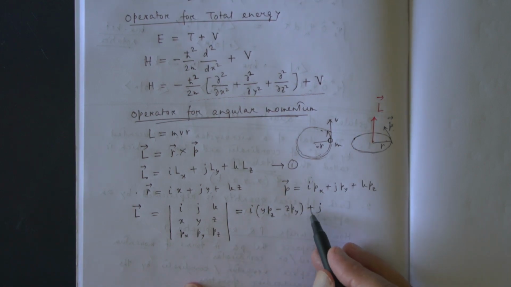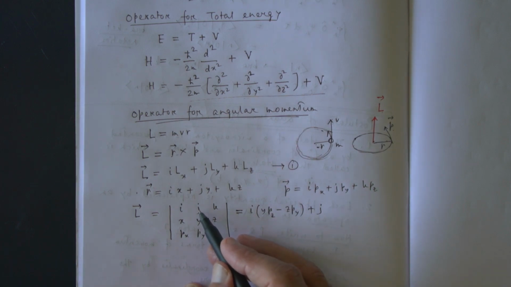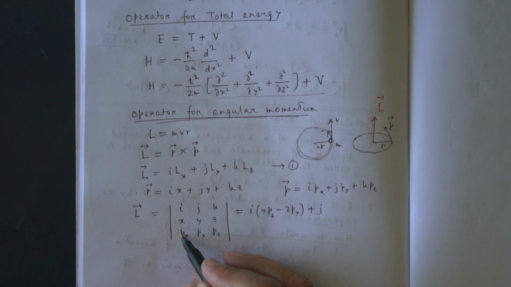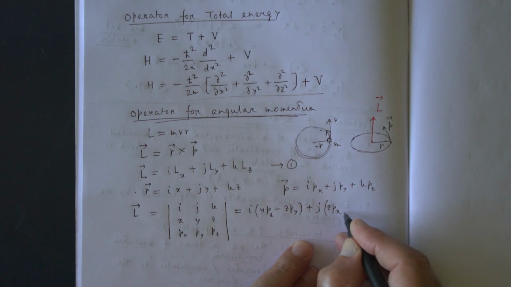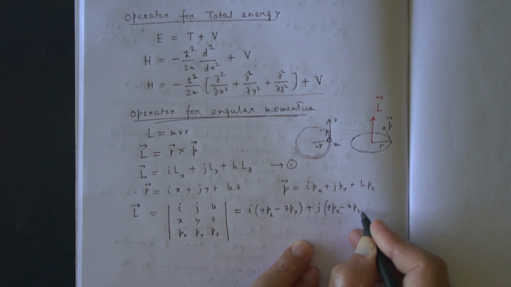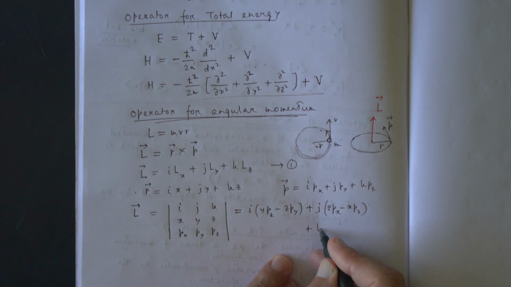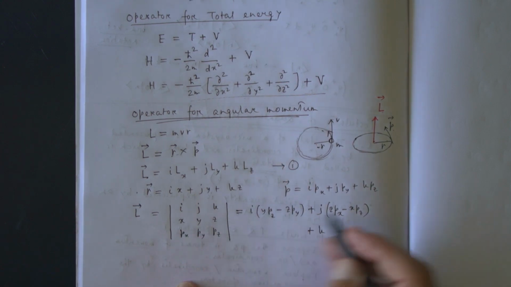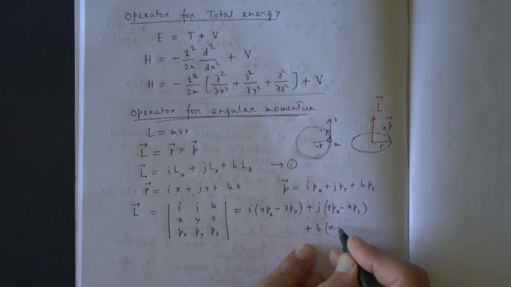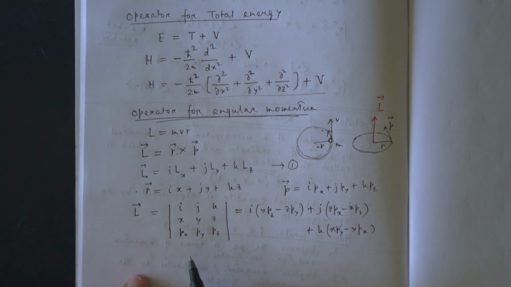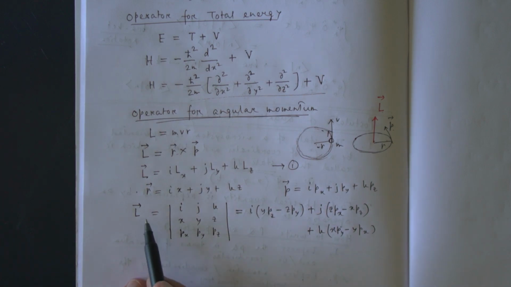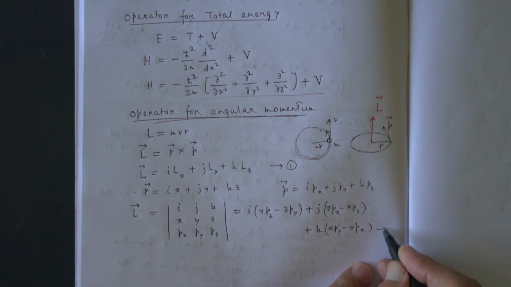I am writing plus, not minus, so this is zpx minus xpz, plus k times (xpy minus ypx). So from r cross p we get this result. So this is number 2.